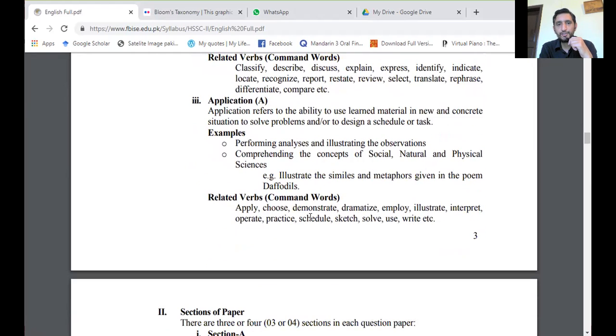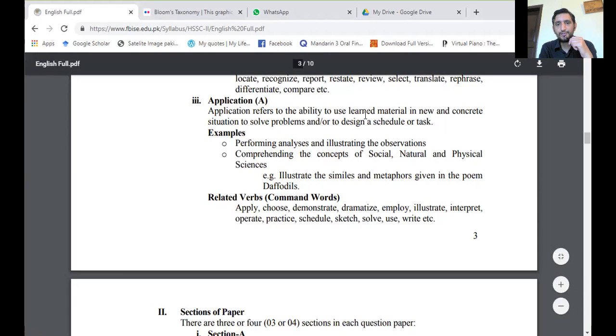And then the application. Application refers to the ability to use learned material in a new and concrete situation to solve problems and to design or schedule a task. So it's a skill, it's an ability to use learned material in a new and concrete situation.